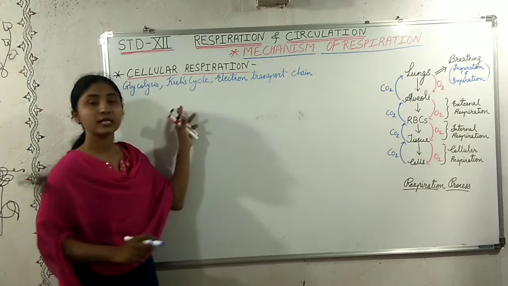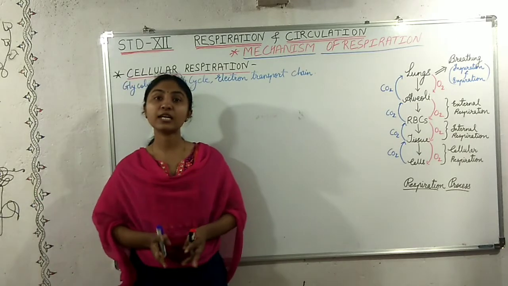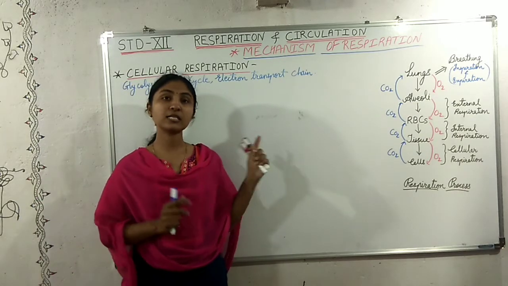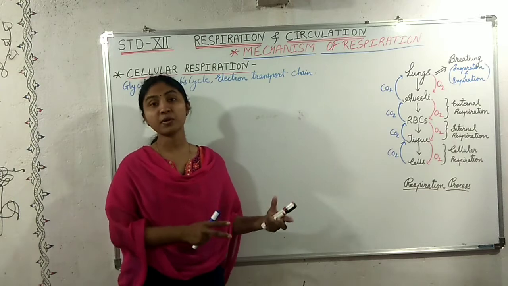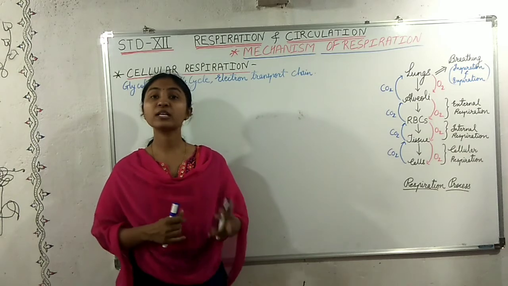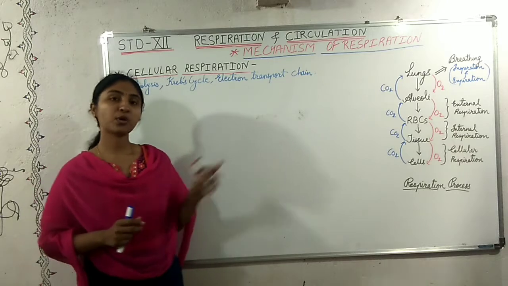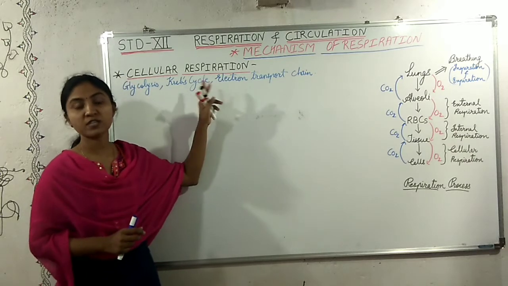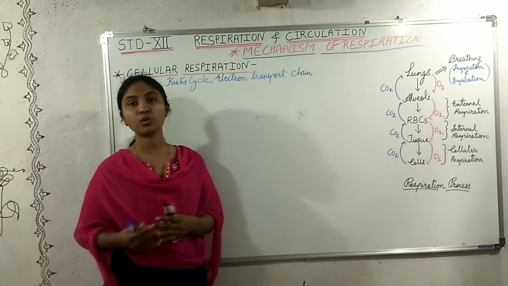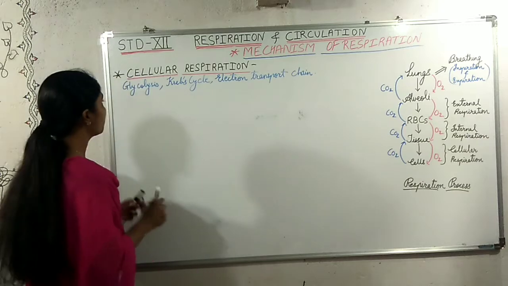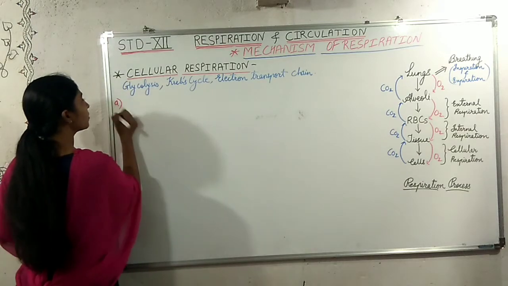These processes occur at the cellular level, and these processes help to break the respiratory substrate and to release heat energy from it. Now this process of cellular respiration can be shown in two simple steps. First is oxidation.